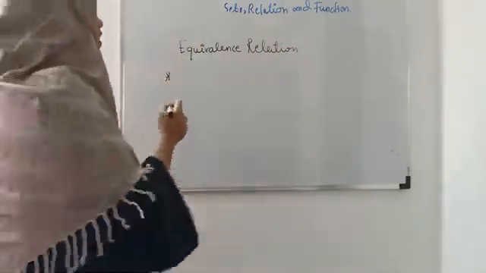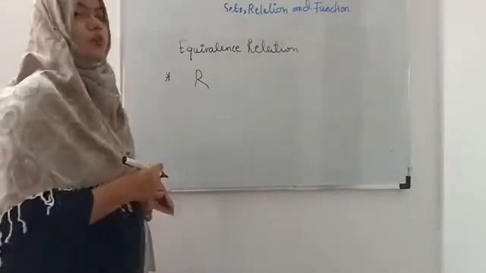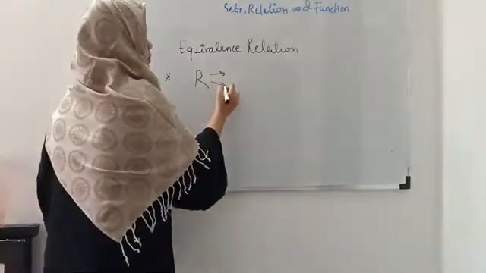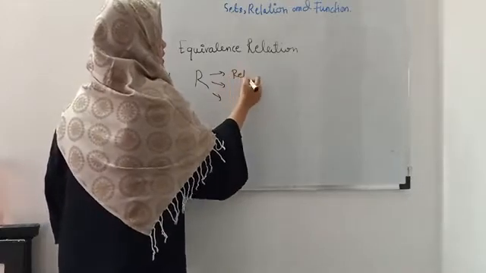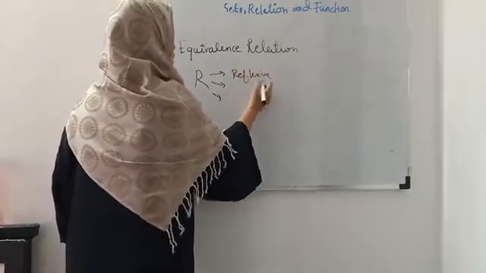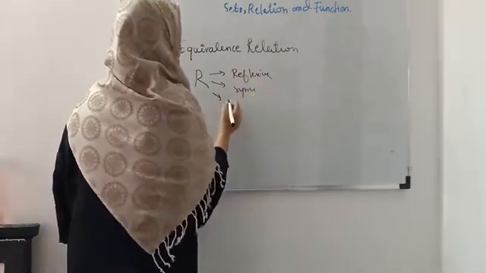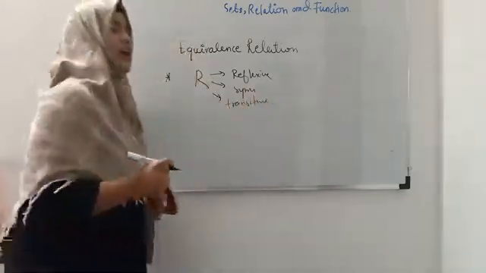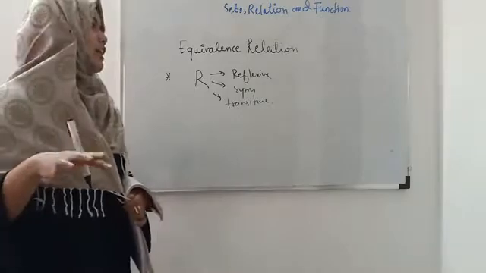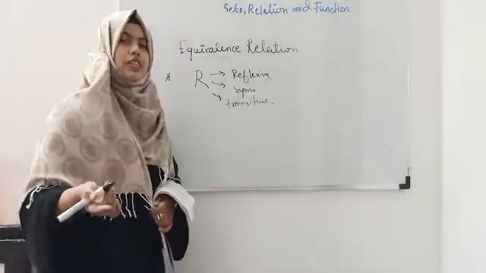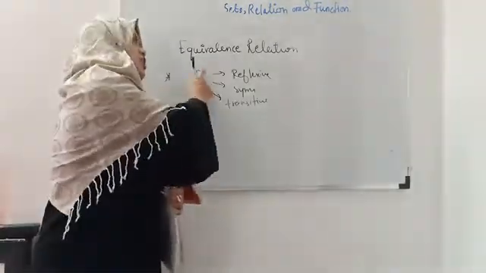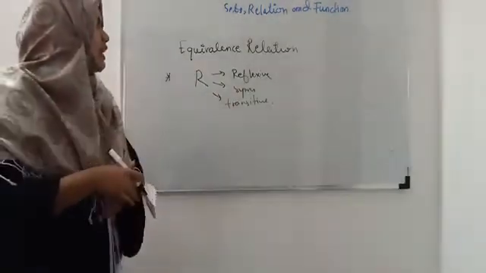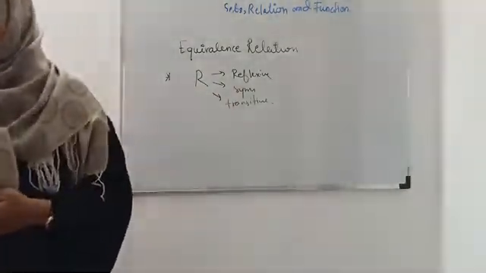So any relation R is said to be equivalence if it is reflexive, symmetric and transitive. So if you have any relation which is reflexive, symmetric and transitive as well, then that relation is called equivalence relation. So now we will take one example of equivalence relation.